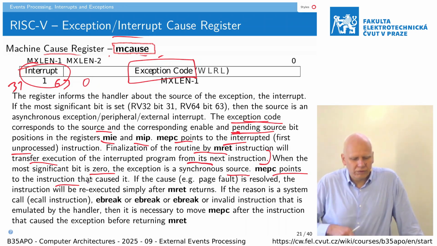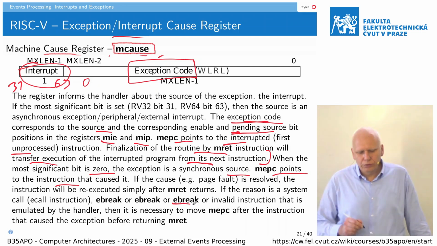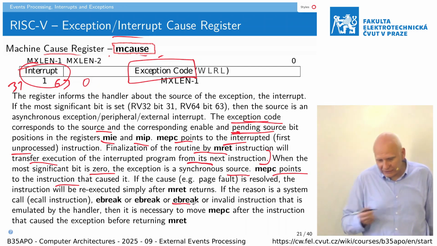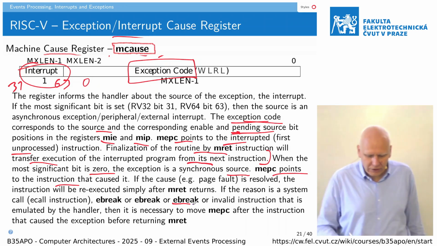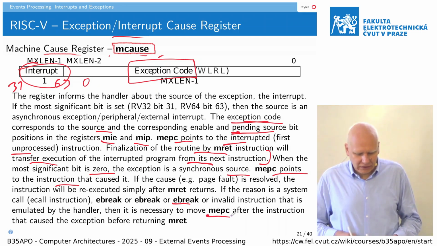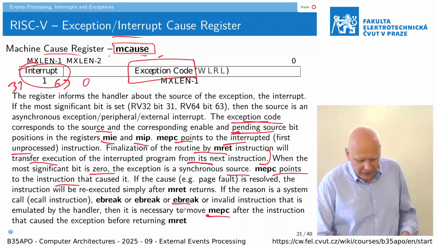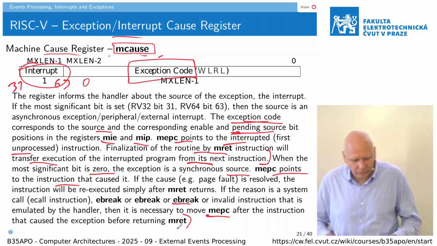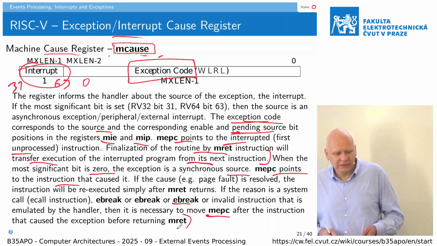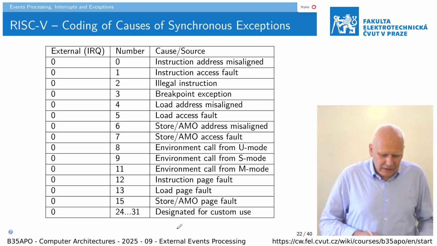You do not want to re-execute ecall or ebreak usually. You do not want to re-execute exactly the same instruction. So in that case, it is necessary to advance exception PC to the next instruction before the return.